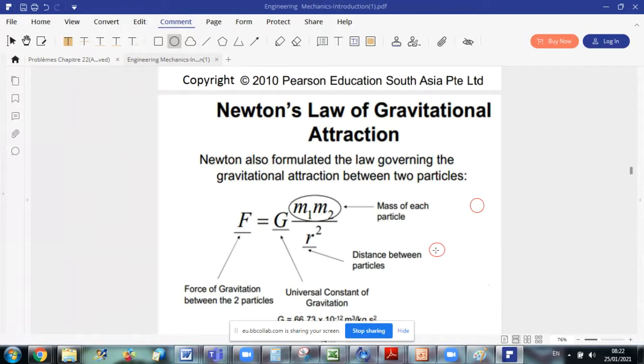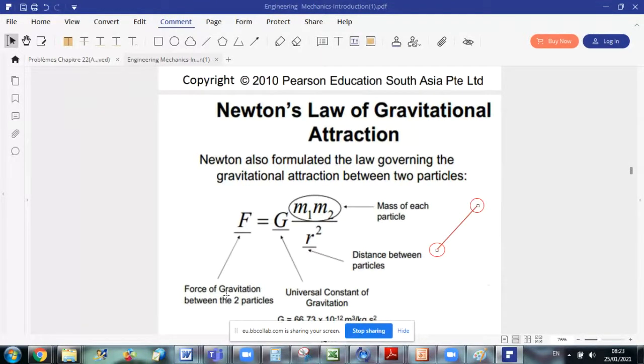If the first has a mass m1 and the second has a mass m2, and I take the center of the first and the center of the second, and I call the distance between the centers r, then I can develop a certain relation for the attraction force between these two particles.